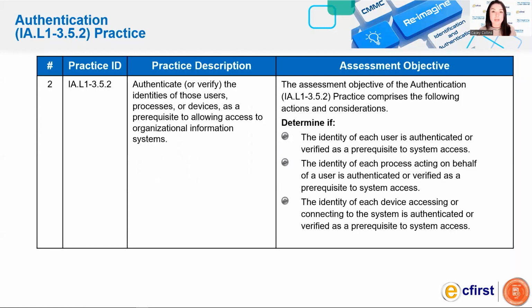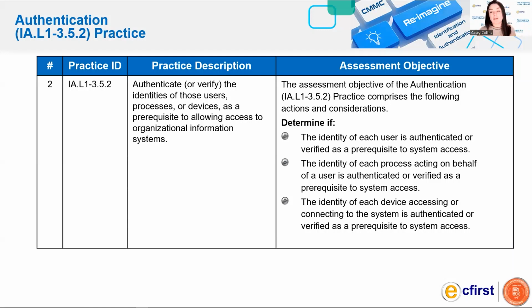Authentication. Authenticate or verify the identities of those users, processes, or devices as a prerequisite to allowing access to organizational information systems. So we want to determine if the identity of each user is authenticated or verified as a prerequisite to system access.